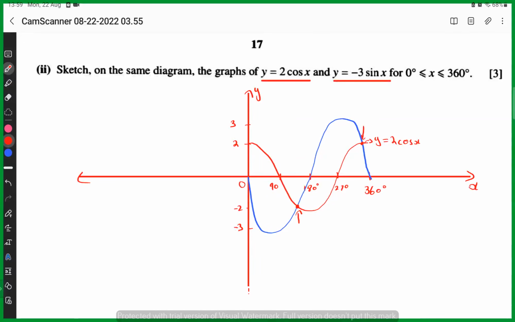What was the question in the previous part? The equation was 2 cos x plus 3 sin x equals 0, right? This was basically the question.